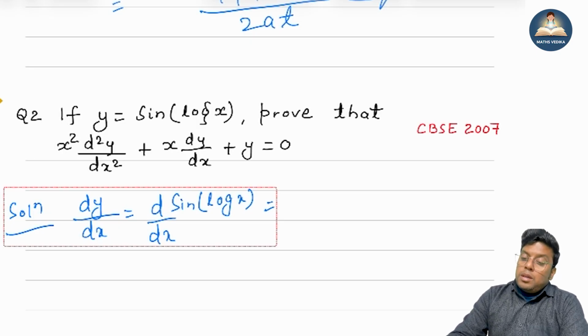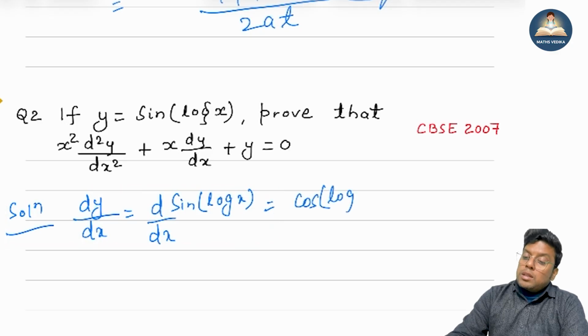So here dy by dx is equal to d of sine log x by dx. Differentiation of sine x is cos x, so differentiation of sine log x will be cos log x.